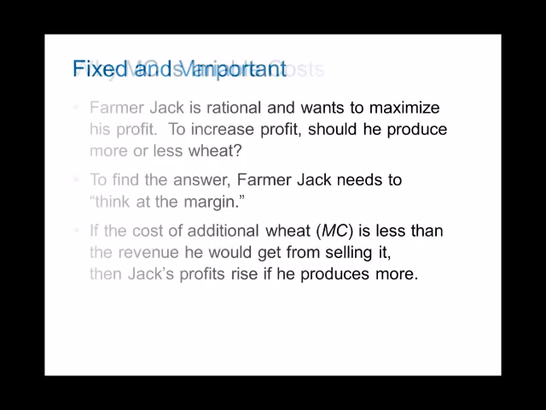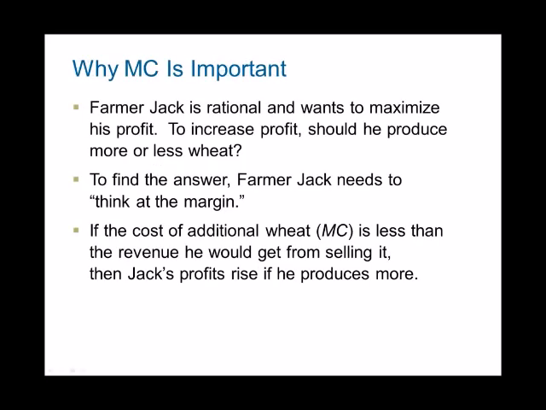If on the other hand, the marginal cost of producing that extra bushel of wheat is $7, and the revenue that the extra unit of wheat is going to bring in is $5, then it costs him more to produce it, but he gets less. So he's losing $2 when he produces that, so he should not produce the extra unit of wheat.